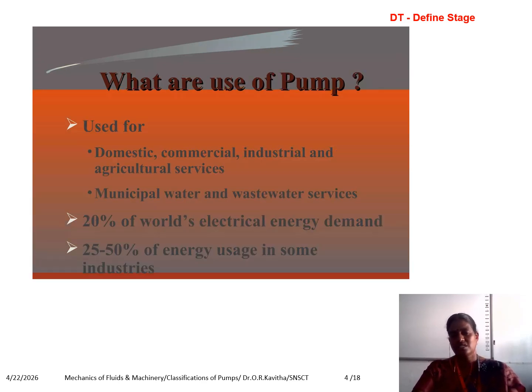Pumps are used for domestic, commercial, and industrial purposes, and mainly for irrigation and municipal water supply. About 20% of the world's electrical energy demand, and some 25 to 50% of energy usage in some industries, goes to pumps.